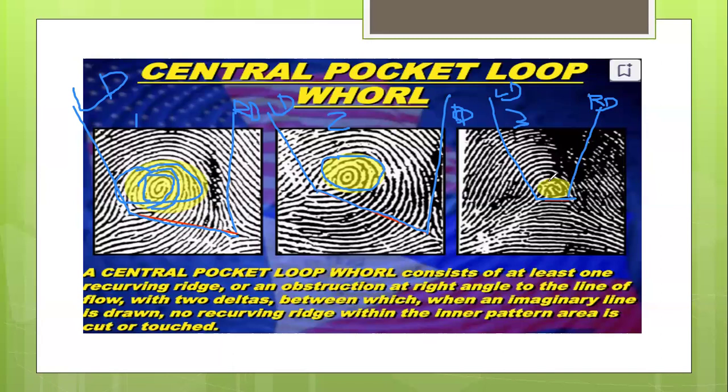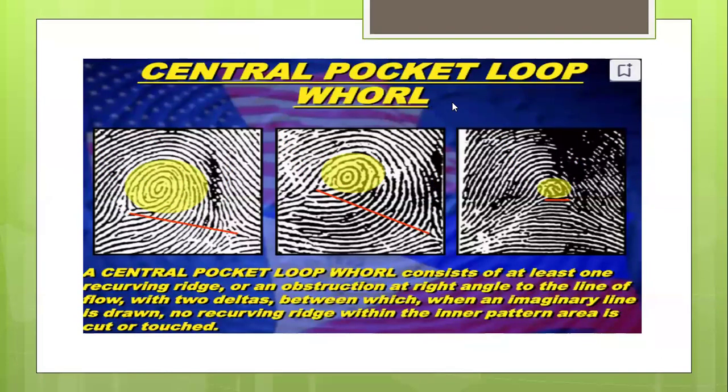It touches no recurving ridge. That is why it is a central pocket loop. Again, it is represented with the letter C as its sign. Clear? Okay, let's proceed to the next slide.